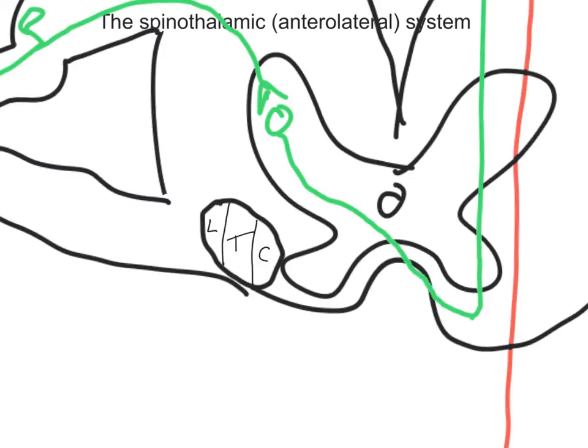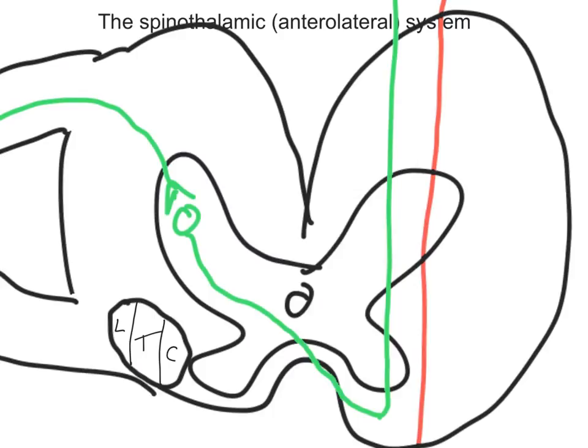So this is actually the complete opposite of the case in the dorsal columns, which you might recall are arranged a bit like this, where the lumbar dermatomes are arranged most medially, then it goes thoracic, then it goes cervical, like this.